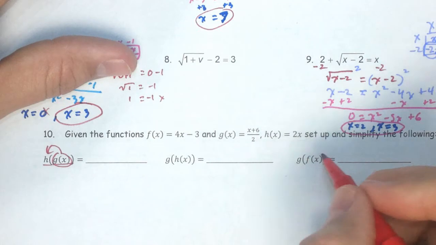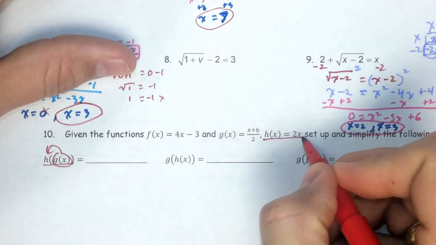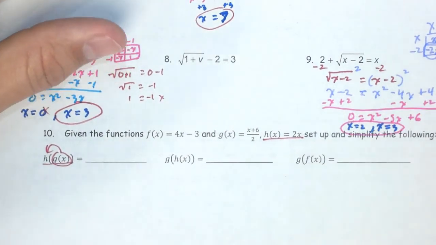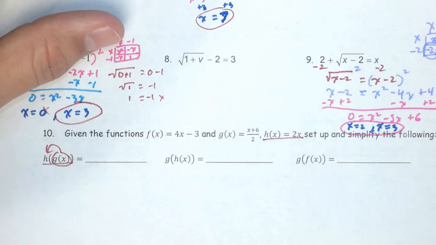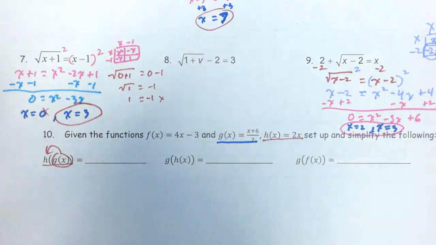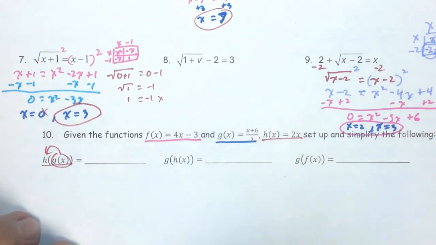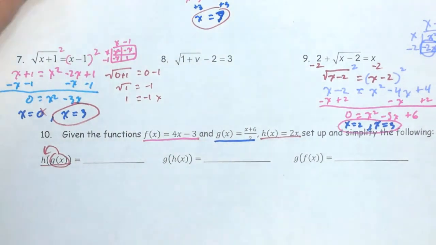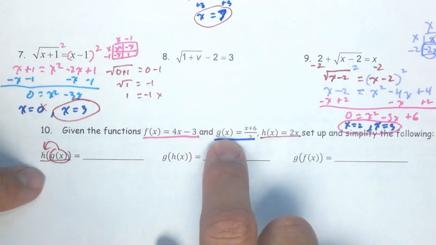Let me go ahead and color code these. H is going to be my red one, G is going to be my blue one, and f of x is going to be my pink one. Makes a difference to y'all. G of x, so I'm going to take that g of x and put it into h.